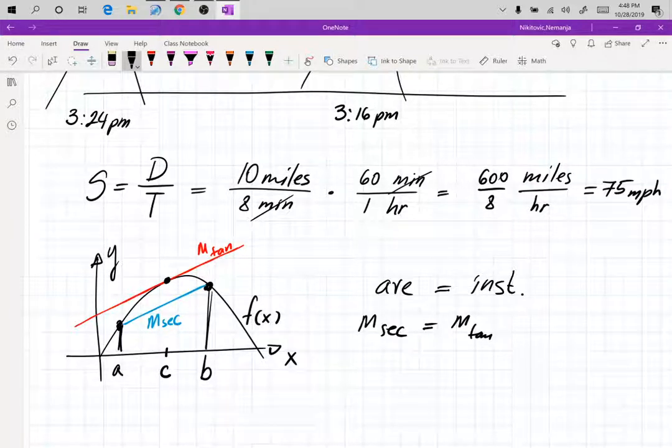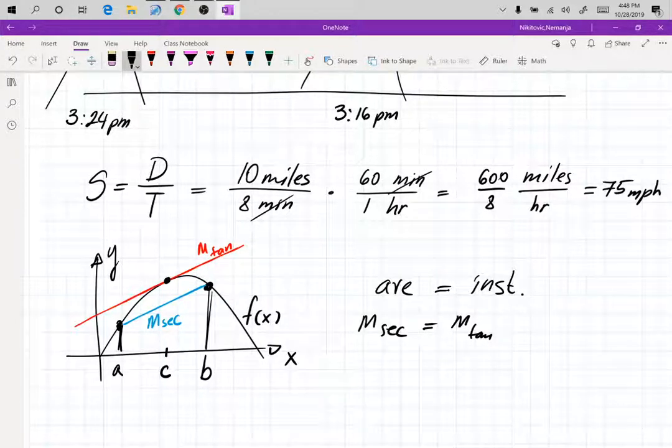What do we know? The road from point A to B is continuous road. You didn't teleport on any of those locations. And then also what we know is that it's differentiable because going from point A to point B, you are using velocity, which is derivative of position.